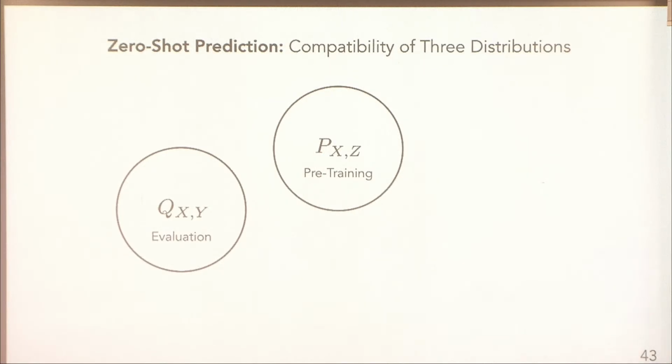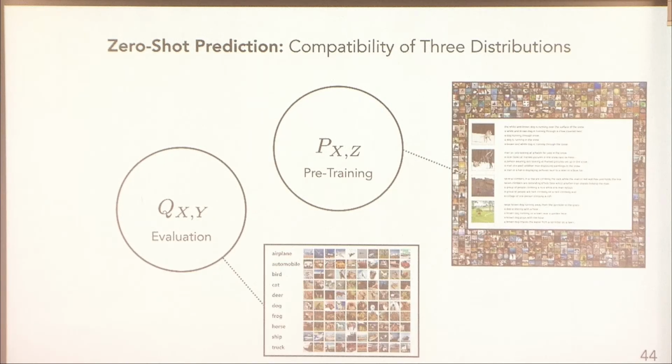So the labels are Ys, and at the pre-training stage you had Zs, right? So those are like pseudo captions or just commentaries on the images, right? And even if Y was equal to Z exactly, there is no reason for P to be equal to Q, right? So those are fundamentally different objects living in different spaces, right?